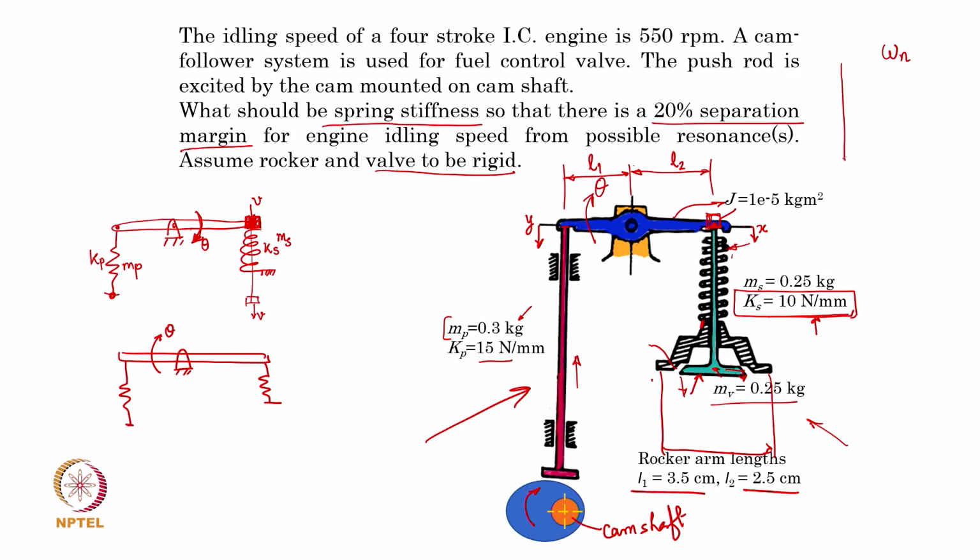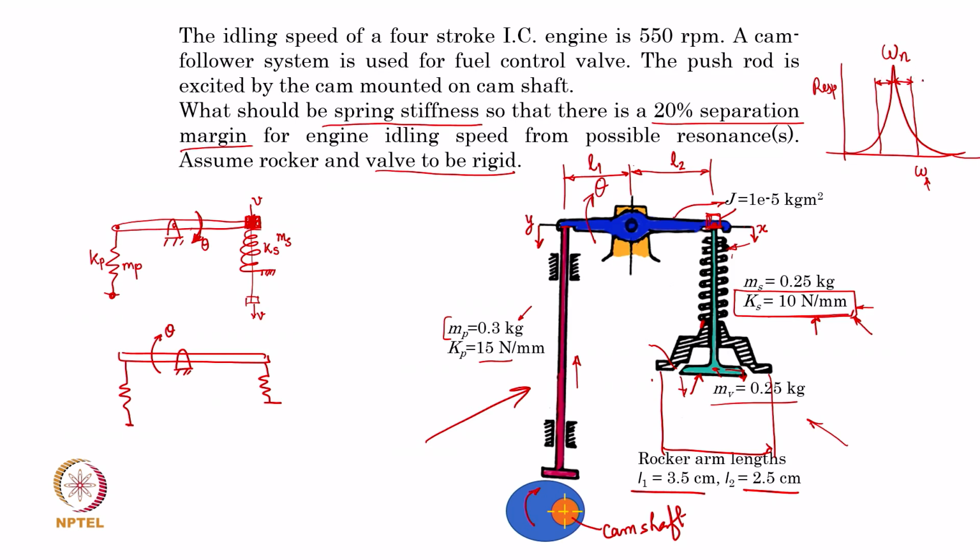Separation margin means we already know that when you plot the response versus the operating or excitation frequency, we get a resonance like this. This frequency is the excitation frequency, and what it is asking us to check is whether with this spring stiffness, either you find out which is the required spring stiffness, or if the spring stiffness is considered, whether we shall be at least 20% away from the natural frequency or resonance, right.